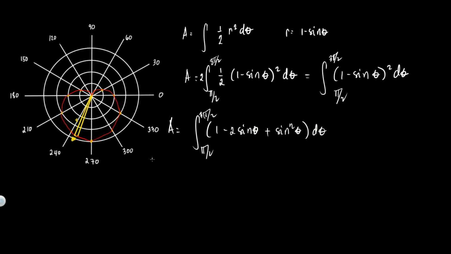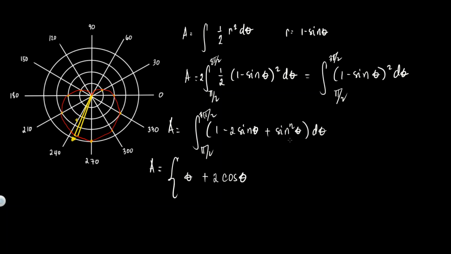So the area is equal to, okay, the integral of d theta is theta. And the integral of minus 2 sine theta is minus 2. The integral of sine is negative cosine, so positive cosine theta.